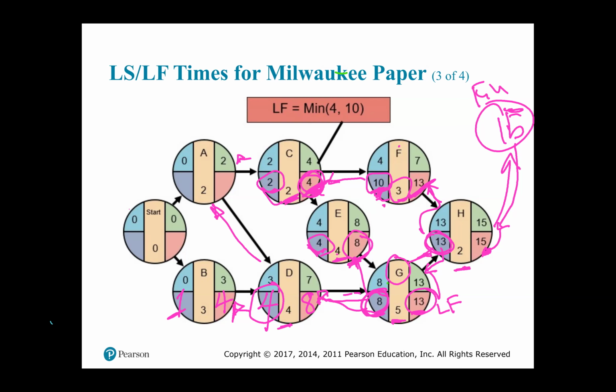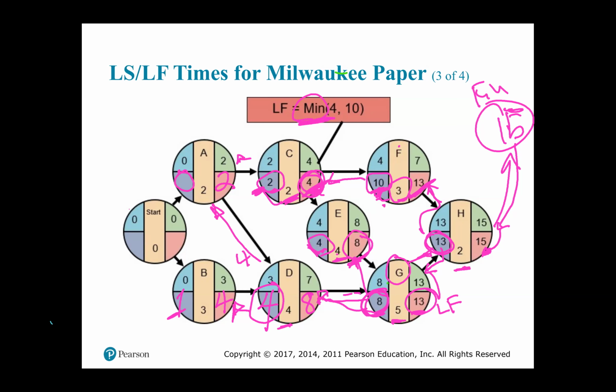So from C to A, you're going to be considering the late start of 2. And from D to A, you're going to be considering the late start of 4. But it says you must take the minimum. And so when you consider 2 or 4, 2 is the minimum. So you must take 2. 2 minus 2 gives you 0.